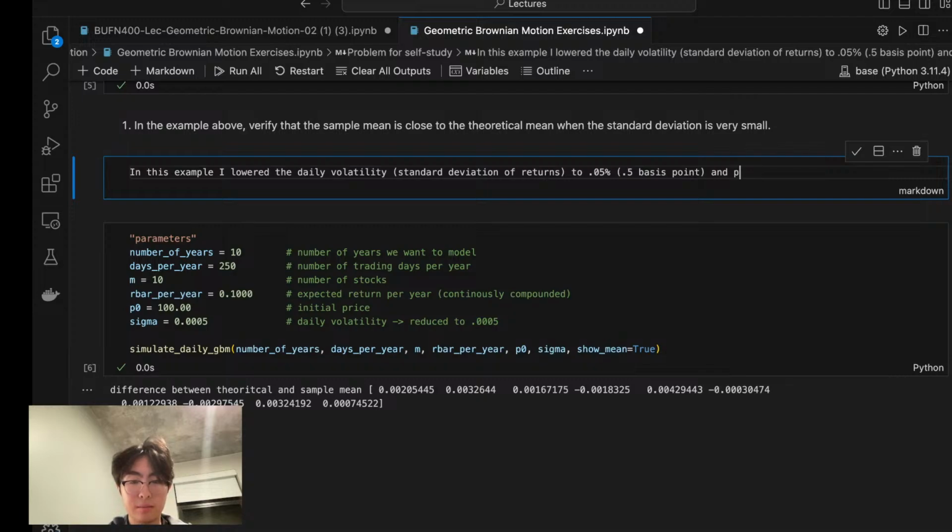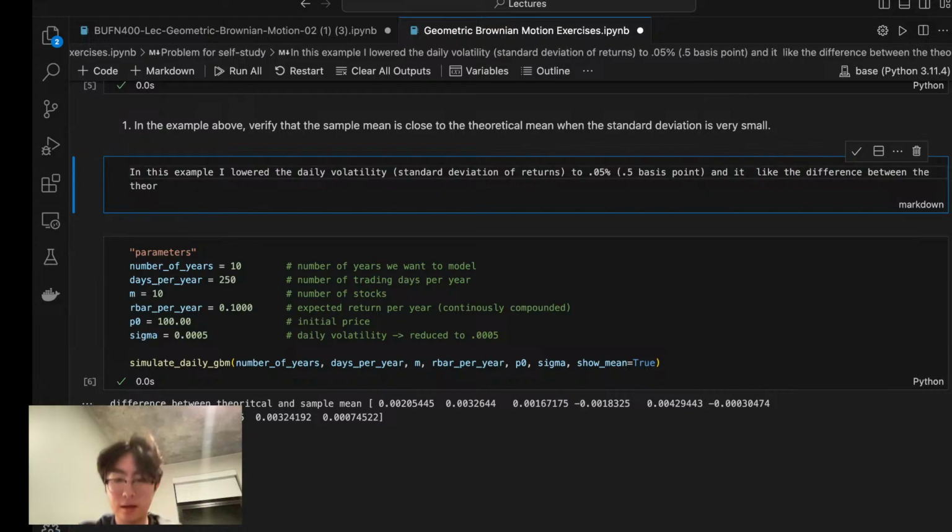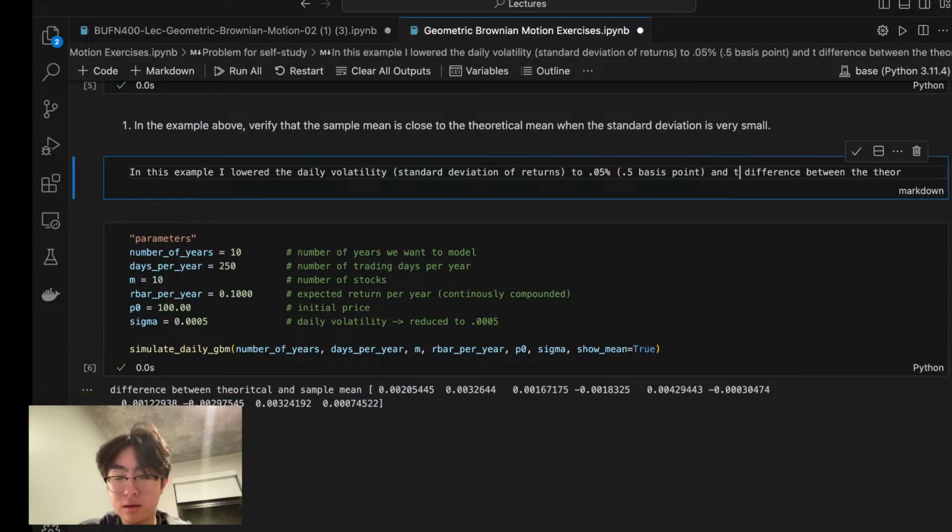And printed, and it seems like the difference between the theoretical and the sample mean is very tiny. How do you spell theoretical? Oh man, okay.